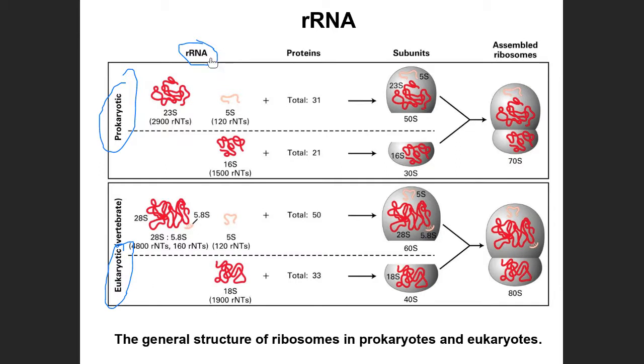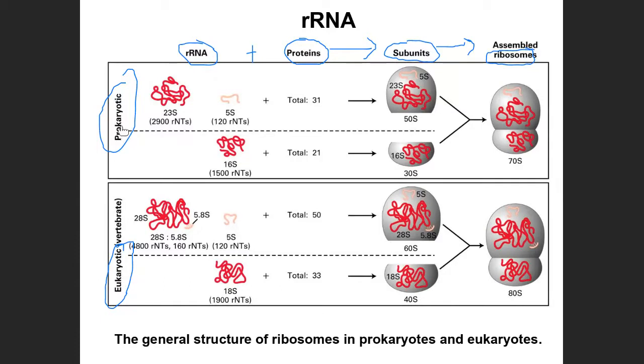okay? And they're trying to tell you the function of ribosomal RNA is to pair together with proteins to form ribosomal subunits that will assemble into a ribosome. Okay. Now, do I want you to know all these specific details? No. Okay. What I want you to know is basically mostly what I've circled.